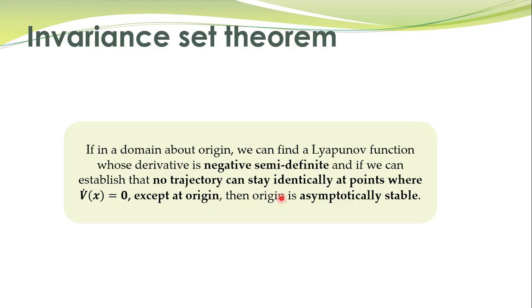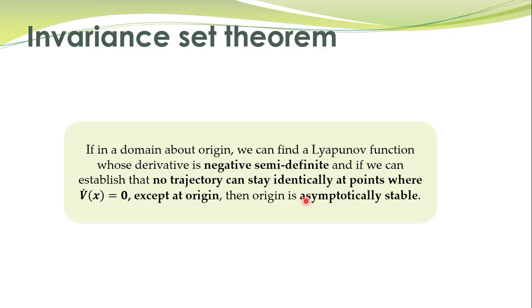As we have illustrated in the previous case, V dot equal to 0 was only possible when x2 was equal to 0, and x2 is only 0 when x1 is 0. So if that is the case, then the origin is asymptotically stable. This theorem, and this statement, is quite intuitive.